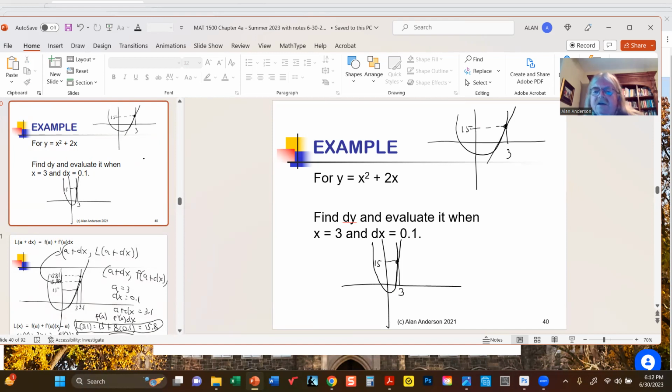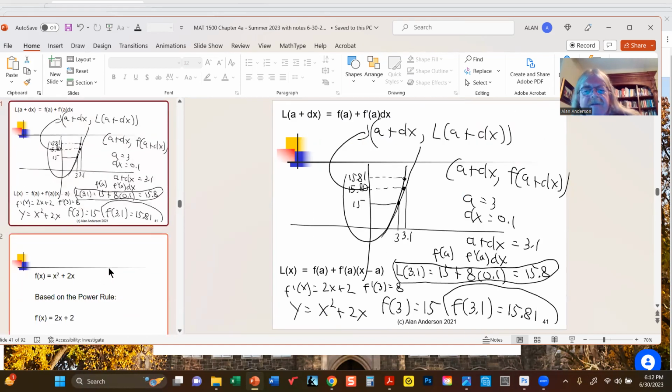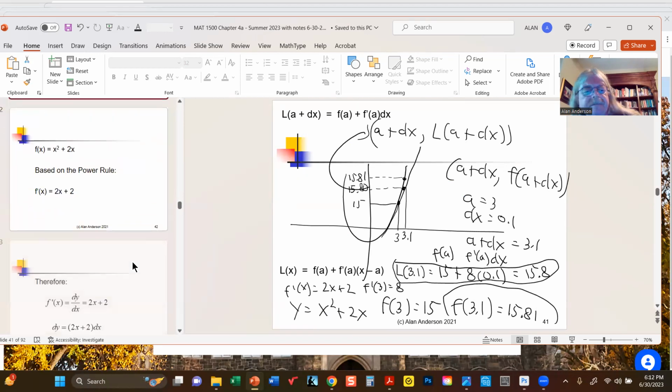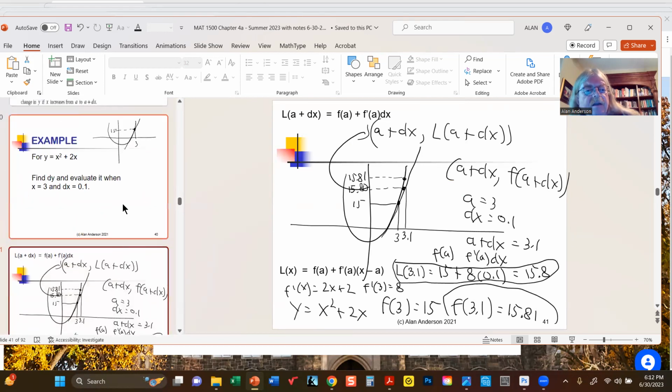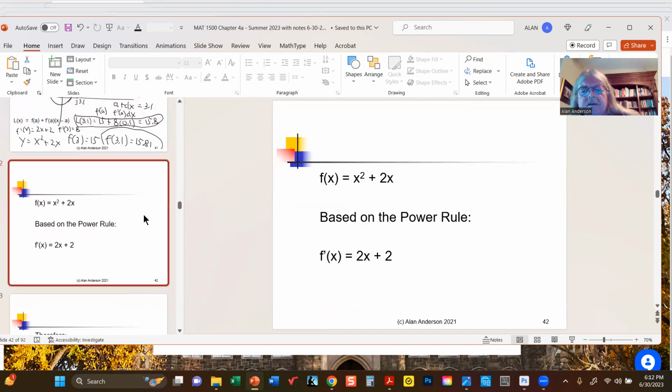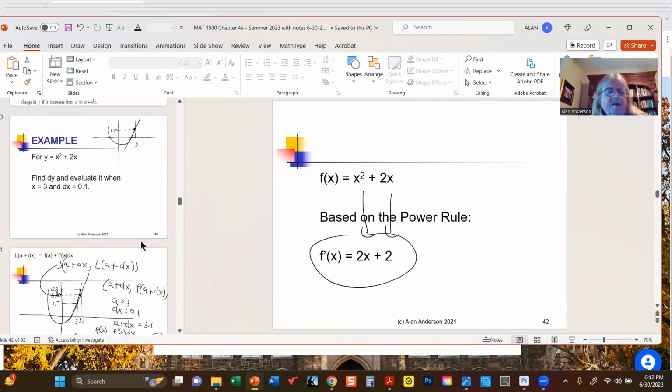I just want to improve on that graph a little bit. The function that we're interested in is x squared plus 2x, and based on the power rule, f prime of x would be 2x plus 2. And remember, the initial starting point was 3.